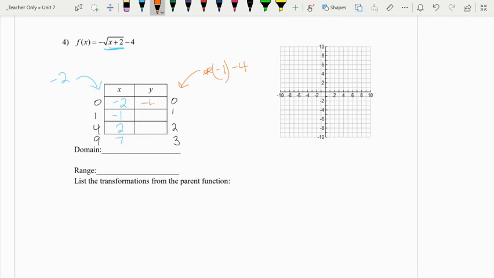So we get -4, and then we get -5, -6, and -7. So we plot our points, -2, -4, -1, -5, 2, -6, and 7, -7.